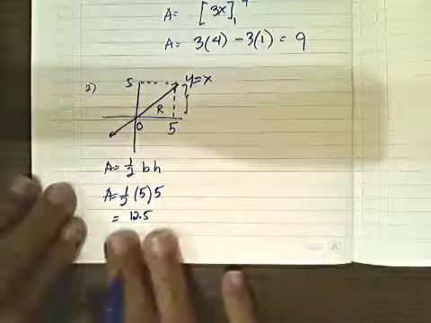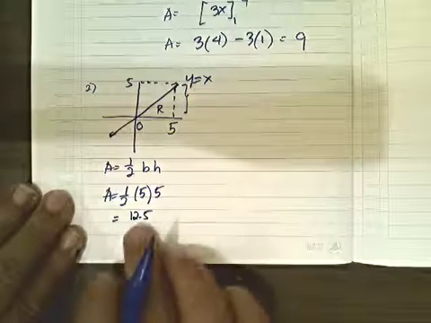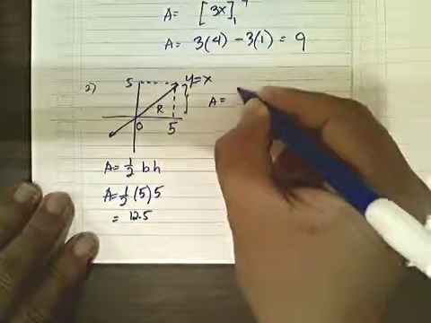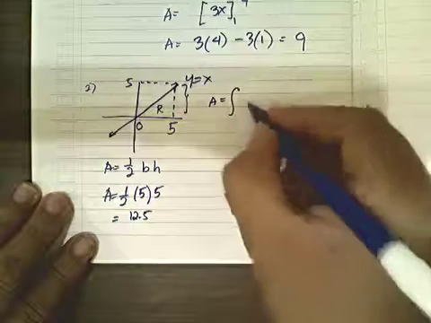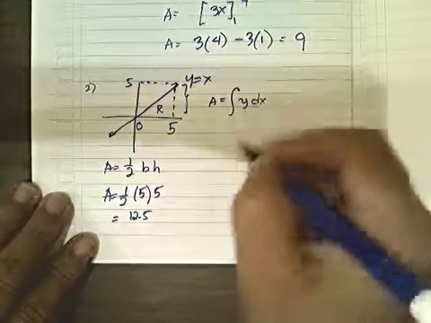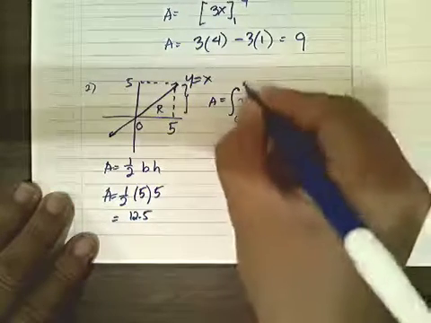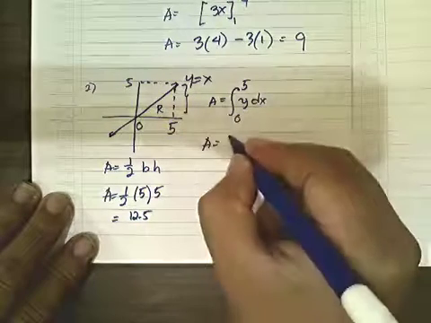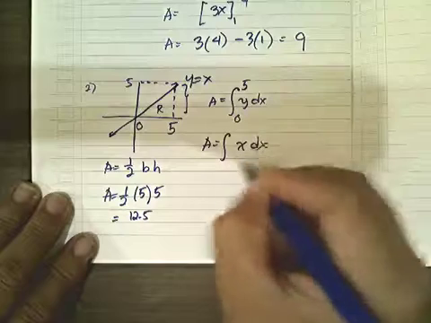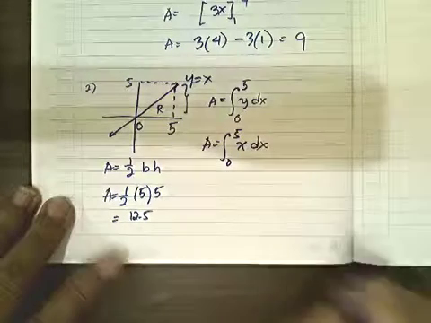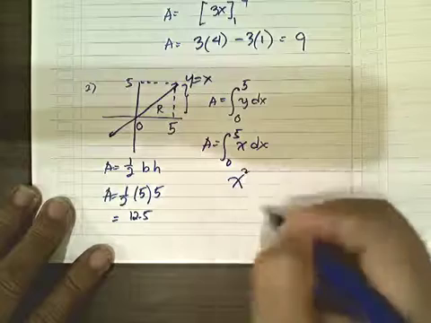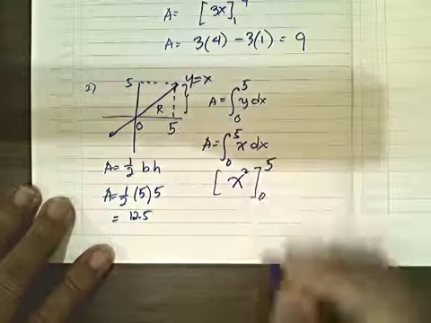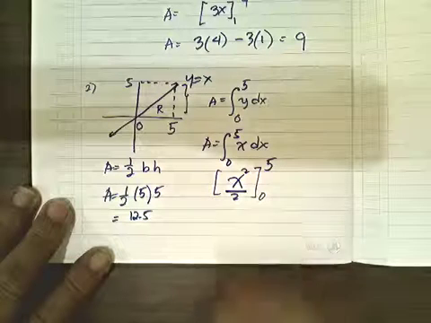So let's try to test our formula whether we can get the same answer. The formula is the integral of y dx from 0 to 5. So therefore the area now is equal to, your y is equal to x, the integral of x dx from 0 to 5. So the integral of that is x squared over 2 from 0 to 5.